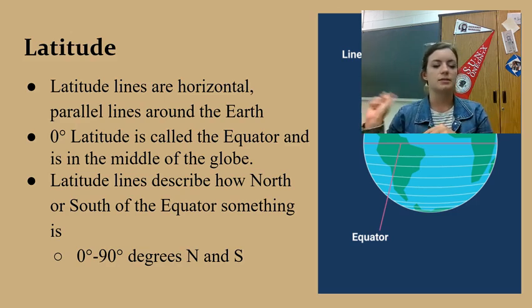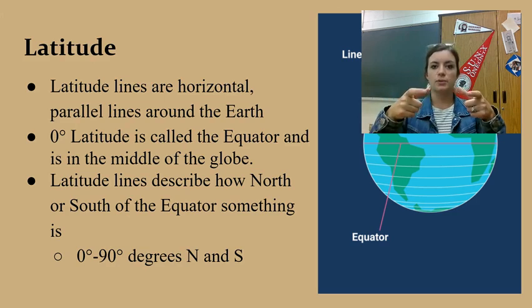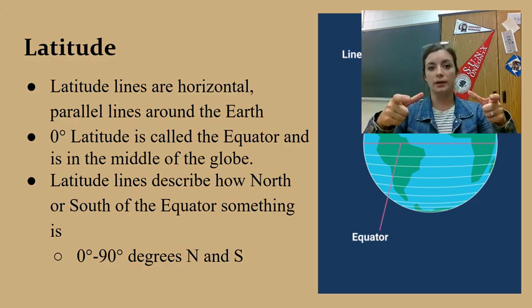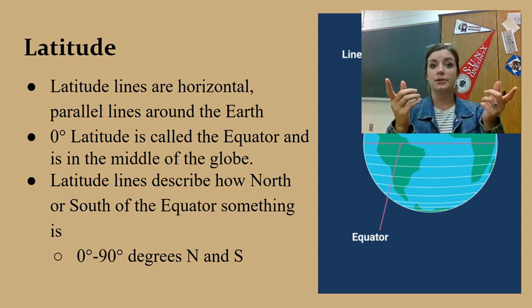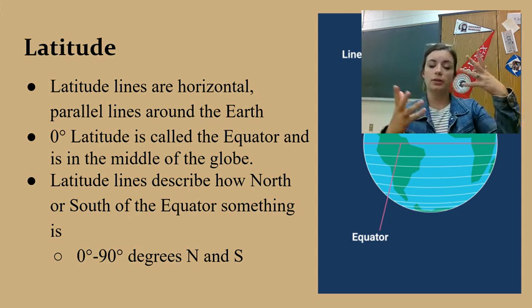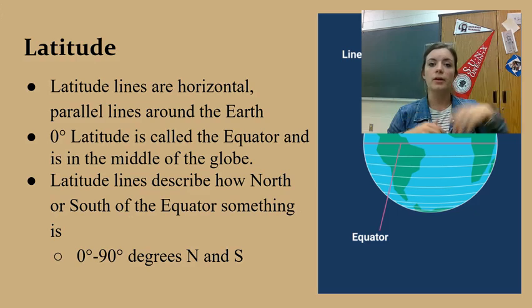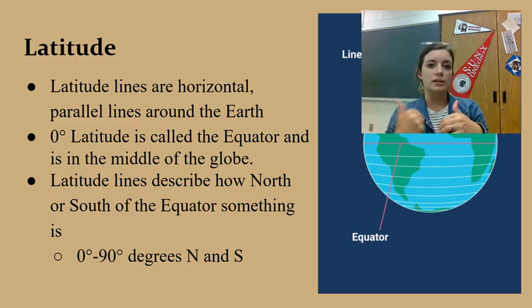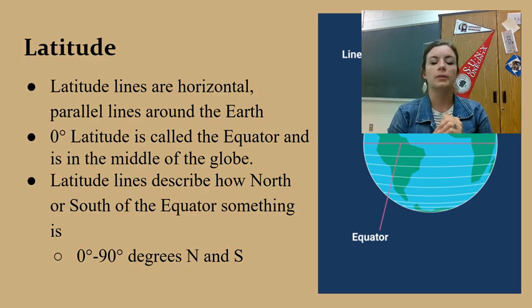I'm going to get to something else in a second. So that's what our equator is. It's the widest part of our Earth, and it's 0 degrees. If your location is north of the equator, then you have a northern degree, like 38 degrees north.